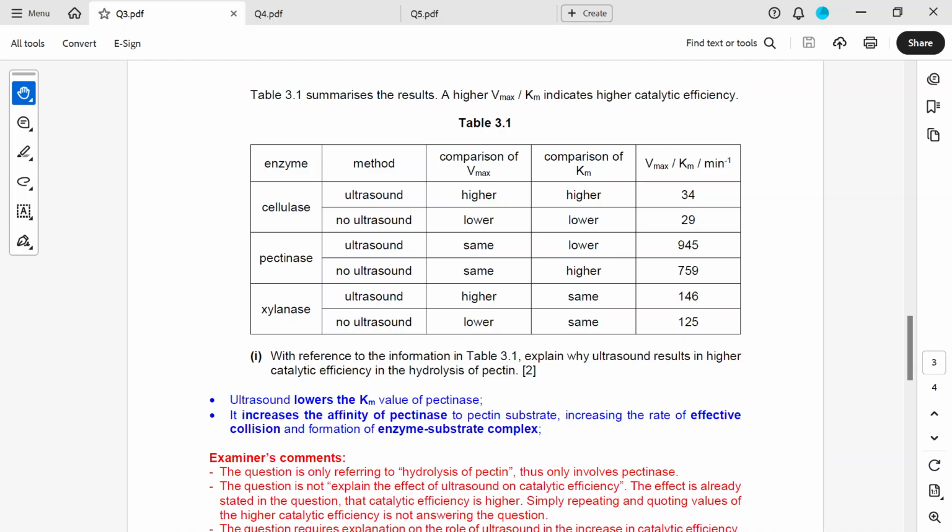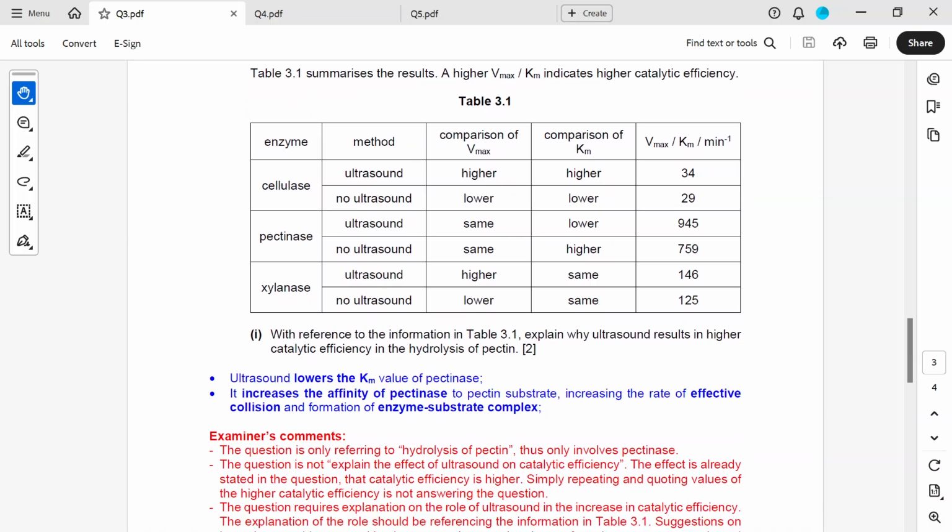So simply quoting the values of 945 versus 759 and saying that catalytic efficiency is higher is not actually answering the question, right? It is already higher as stated. The question is why, and the reason must come from the information in table 3.1, because the question says with reference to the information in table 3.1, explain.